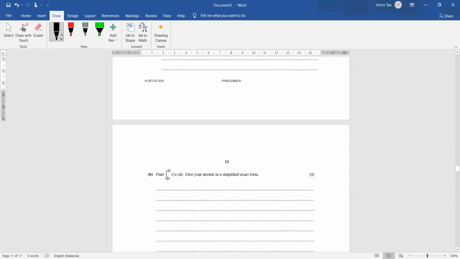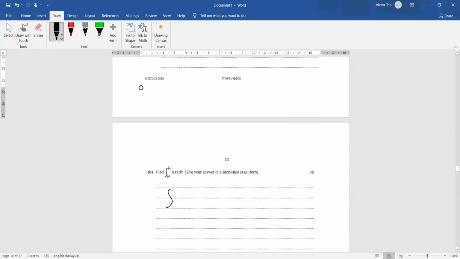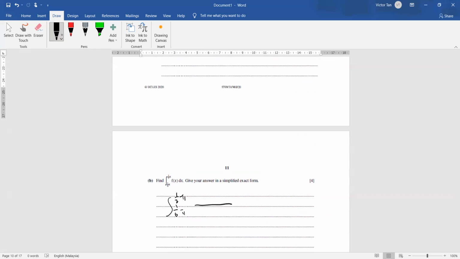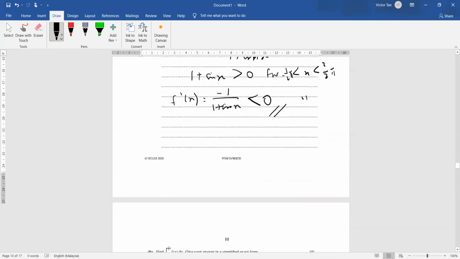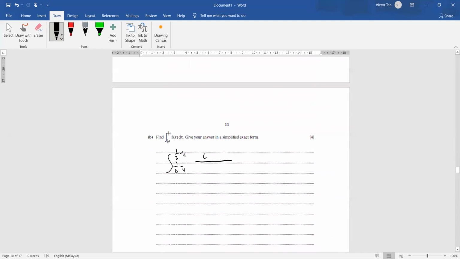Now integrate f(x) from 1 over 6 pi to half pi, cos x over 1 plus sine x. If you know how to integrate, this is in the form f prime x over f x dx. You get ln f(x).